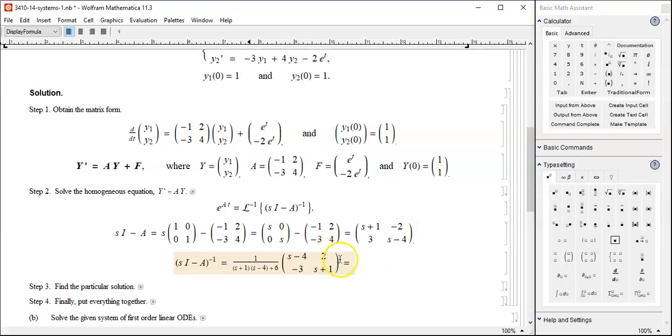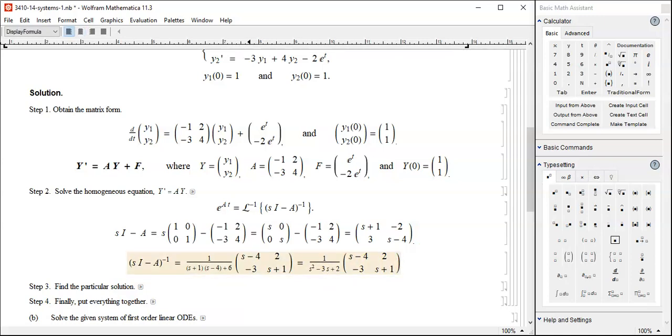Let's see, some simplification is in order. Break it up, we have s squared minus 3s plus 4 minus 4, s squared minus 3s minus 4, and then I have plus 6, so we have plus 2 in the end.